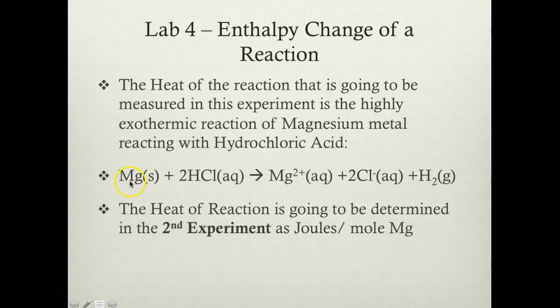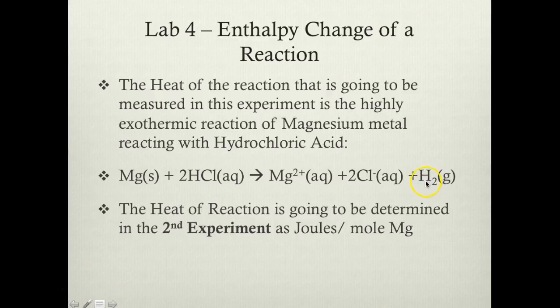So the way you interpret this reaction is that if you have 1 mole of magnesium, imagine that the number here is a 1. Ones are usually not written in a balanced reaction. So you have 1 mole of magnesium and 2 moles of hydrochloric acid, and in the reaction, it generates 1 mole of hydrogen gas.